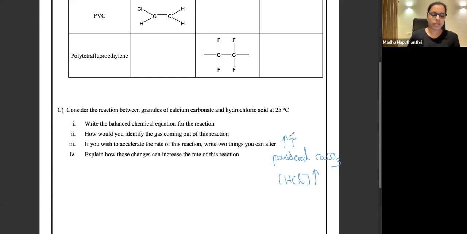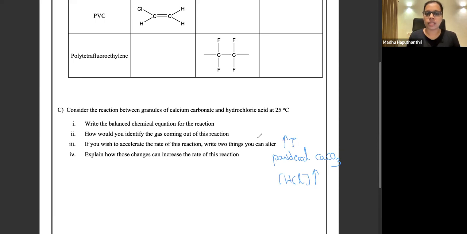When you increase the temperature, rate is increasing. How is that? Basically, when the temperature is high, molecules are more active. They are moving a lot. So whether you increase the temperature, convert these granules to powdered calcium carbonate, or increase the concentration of HCl, what we are facilitating is more number of collisions.